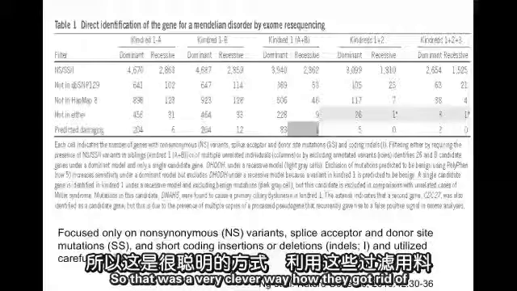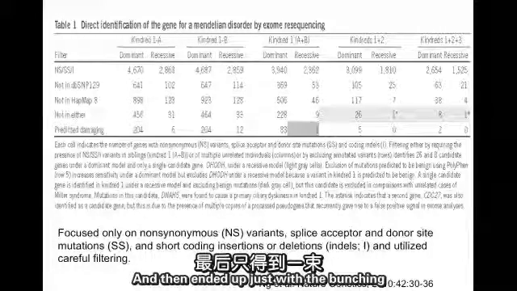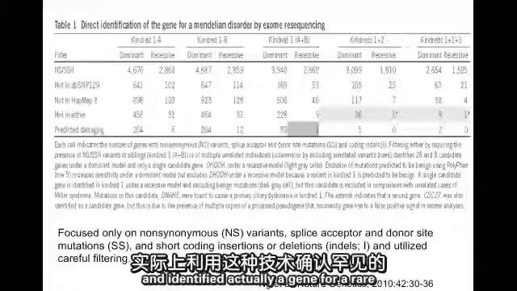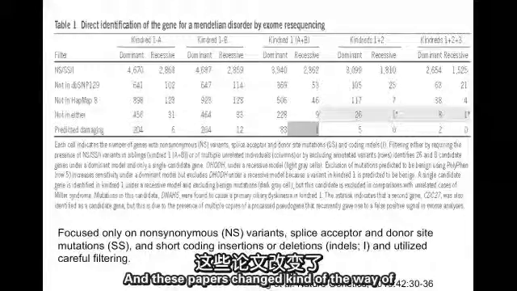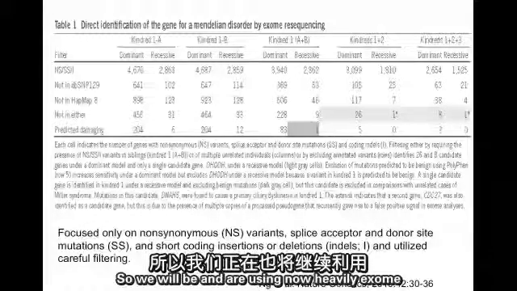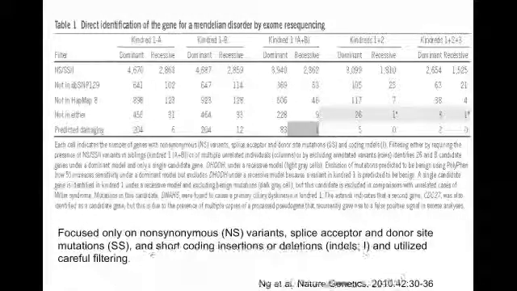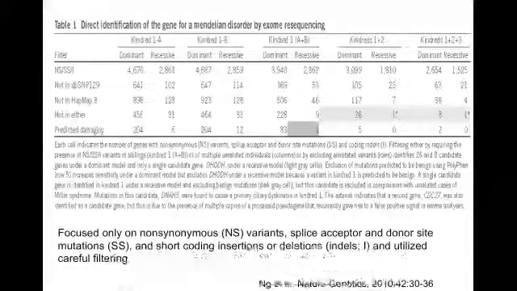So that was a very clever way how they got rid of kind of the noise in the system using these filters, and then ended up just with one gene and identified actually a gene for a rare Mendelian disorder using this technique. And these papers changed kind of the way how we are now looking at the rare disorders. So we are using now heavily exome sequencing to identify genes for rare disorders.